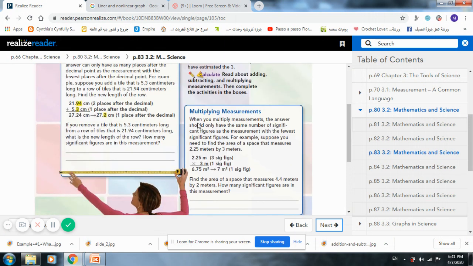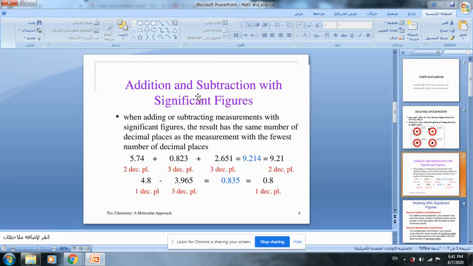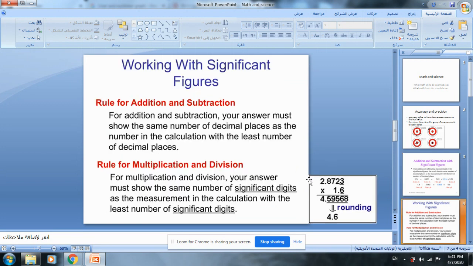Now let's talk about multiplying measurements. Multiplying measurements depends on what? On the significant figures, not on decimals or decimal places. In addition and subtraction, we use the decimal places rule, but for multiplication and division, we use what?